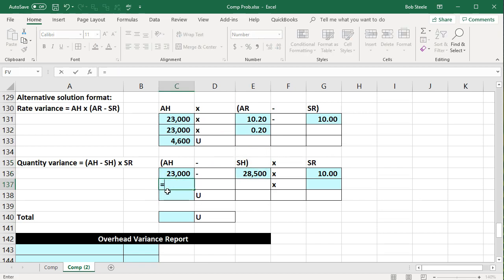And now this one will come out negative if we do it the way the formula is. We often express it just as a positive number. So we have this item, the 10 will be brought down. And then this equals the 5,500 times the 10. And there's the 55,000 unfavorable.